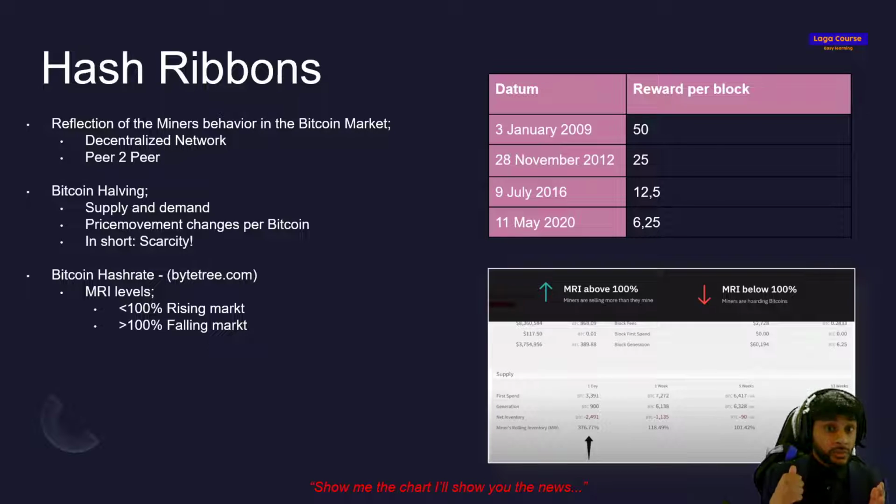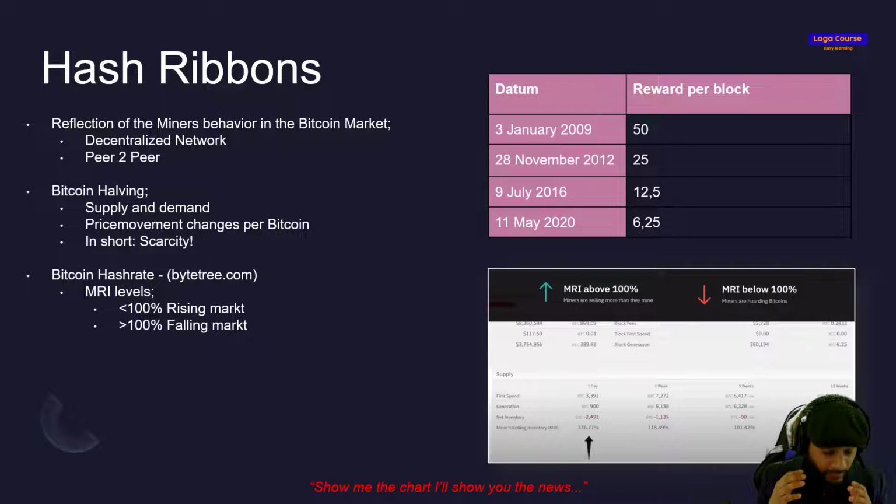And in 2020, it's 6.25, which means that it will become scarce over time. We have to realize that 90% of all Bitcoins have already been mined. The last 10% is going to take over 10 years in order for all Bitcoins to be mined. So we have to realize it's going to be really scarce to get at least one Bitcoin.